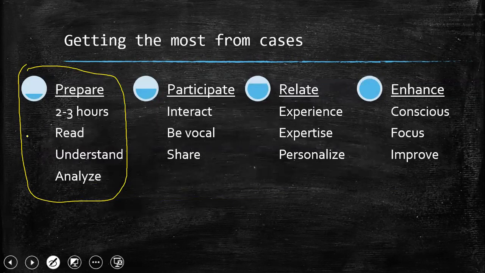You should read that case very carefully. I'm going to give you some advice on how to do that, starting with reading it first very quickly and then very carefully. You should try to understand the different concepts that are being exhibited in the cases.